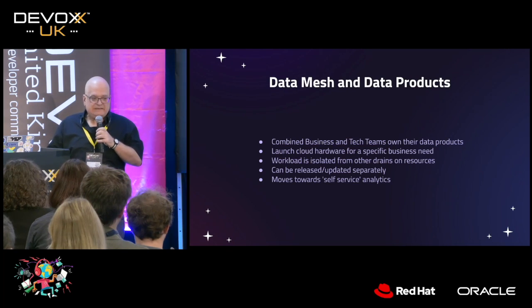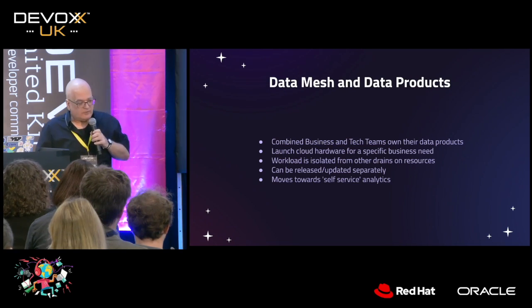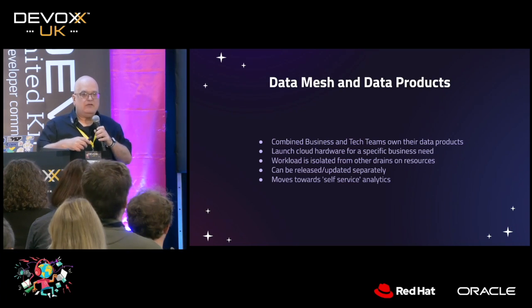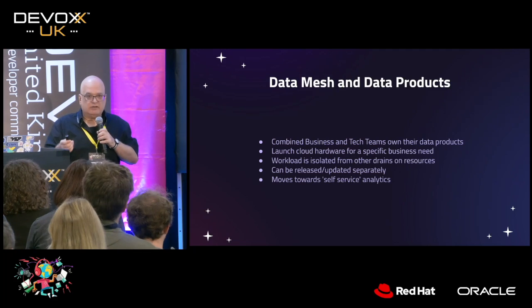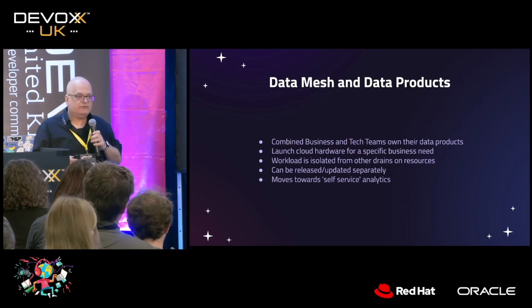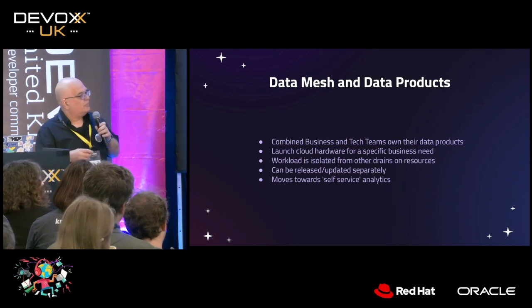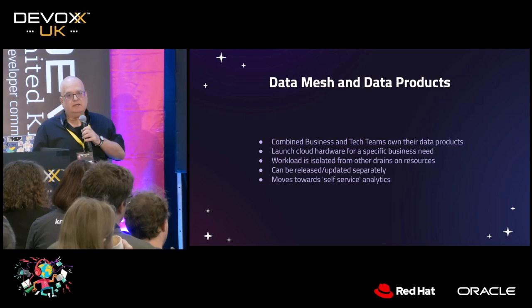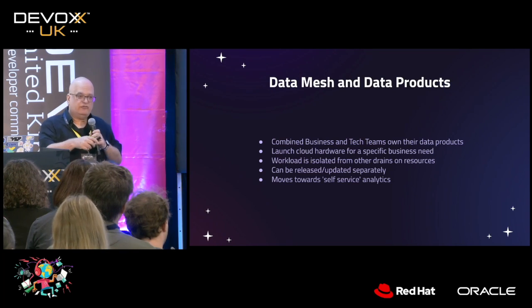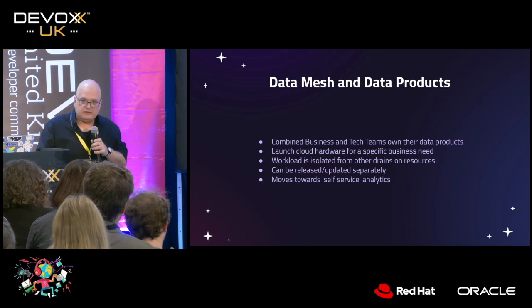What this has all been leading to is data mesh and data products. So the IT department, you guys, have typically been the bottleneck in a lot of these sort of business information type systems. And the way that we seem to be coping with that nowadays is by creating a data mesh, which is a logical structure rather than a technical structure.